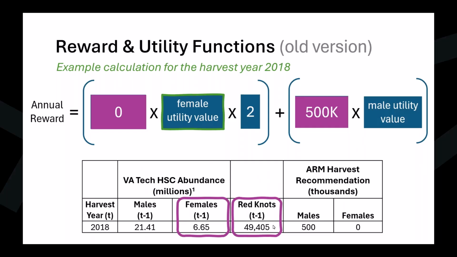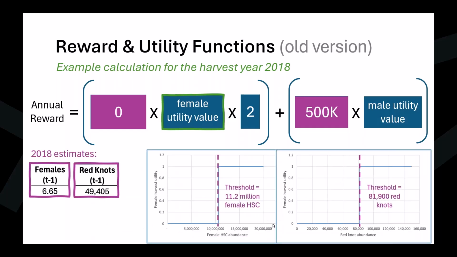And I think we're going to show the utility curves if we click on the slide. So the idea here is to try to identify where on the curves these two abundance estimates fall, and the 6.6 million females shows up here where the A is indicating, so you can see it's below that 11.2 million threshold, giving it a 0 utility.